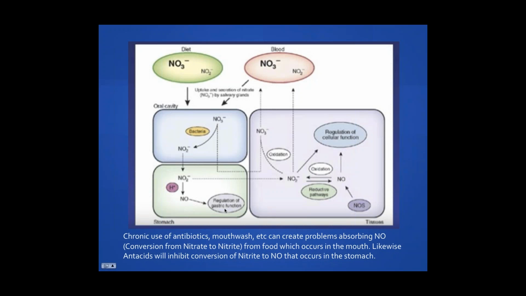And that helps regulate gastric function. Remember, we talked about peristalsis action, but it also helps the gallbladder function normally. So over here, this is the nitric oxide pathways that we've kind of talked about, but the fascinating thing is that chronic use of antibiotics or mouthwash, in our efforts to have a sterile mouth, we're really kind of doing ourselves a disservice.